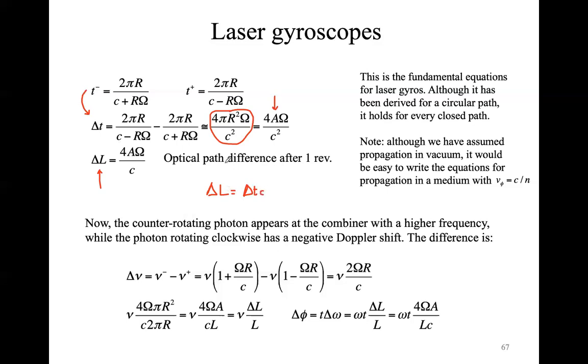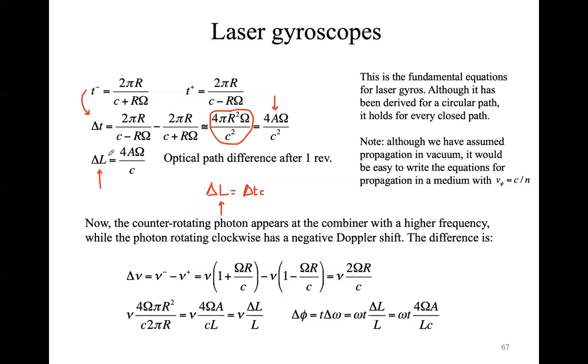The optical path is important because it will give us information about the phase difference between the two signals. Tomorrow it will be clear what this formulation means.